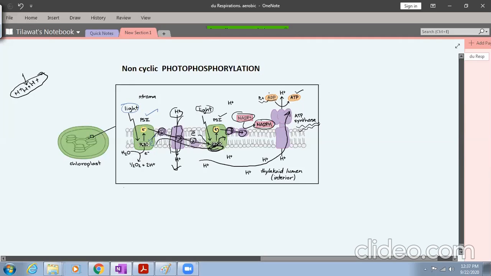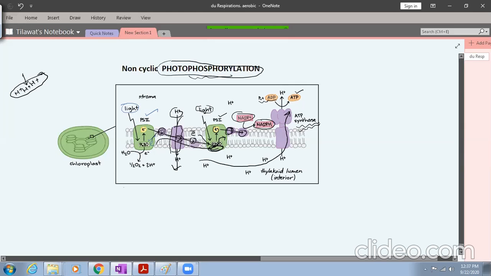So here phosphorylation happens with the help of light, because the electron gets excited in this reaction by light. So we call this photophosphorylation.